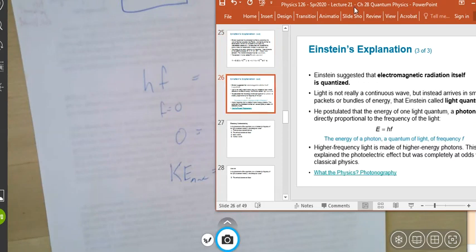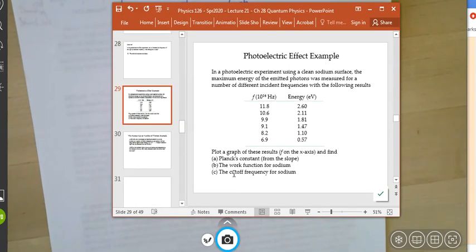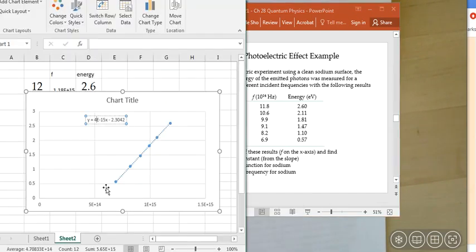Okay, and then the cutoff frequency for this material: if we look at this chart, we can draw the line and see where it actually crosses 0, right? Once this line goes down and hits this place right here, then it's going to be flat for the rest of the time.